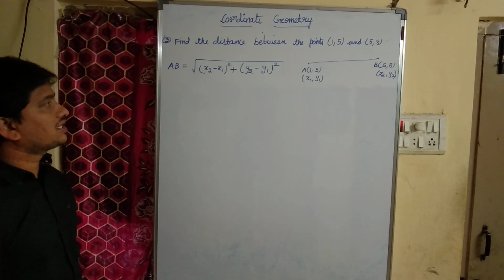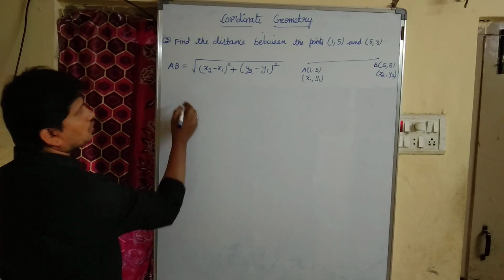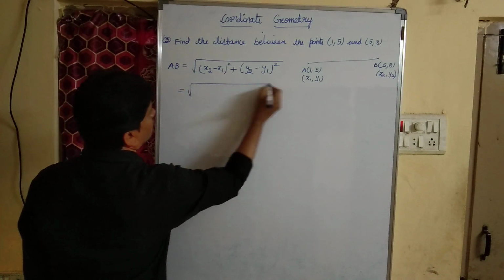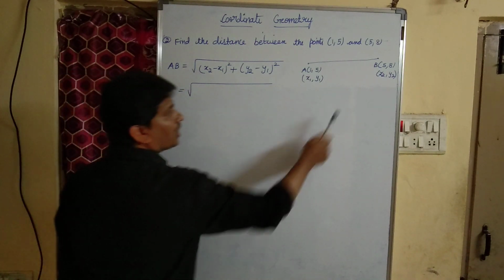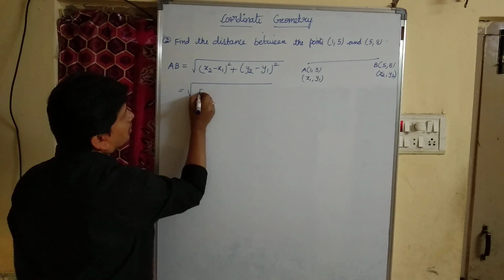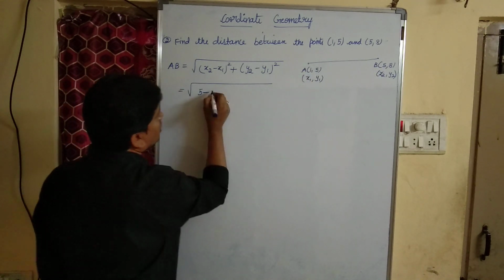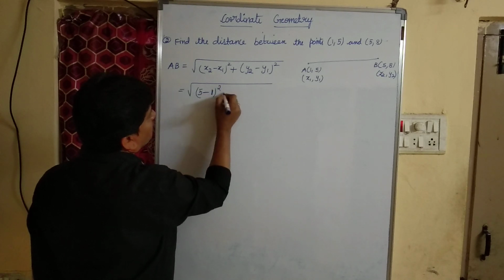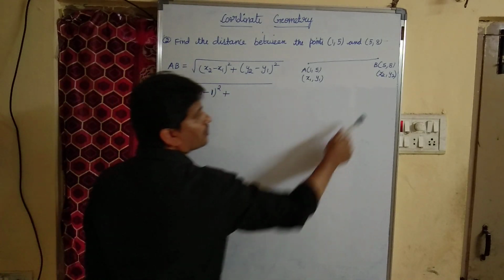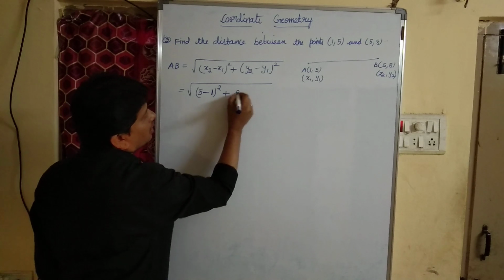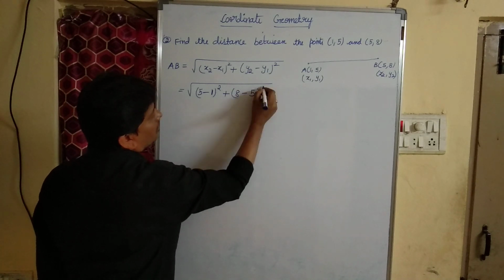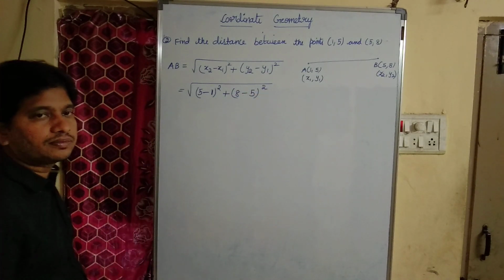Simply in place of x2 and x1 you substitute the values, that is root over x2 value 5 minus x1 value 1, (5 minus 1) whole square plus y2 value 8 minus y1 value 5, (8 minus 5) whole square.